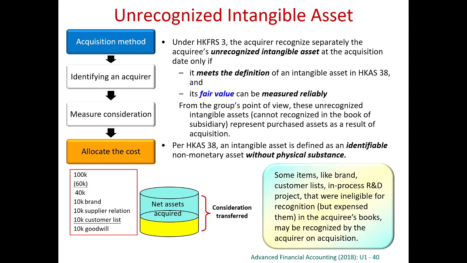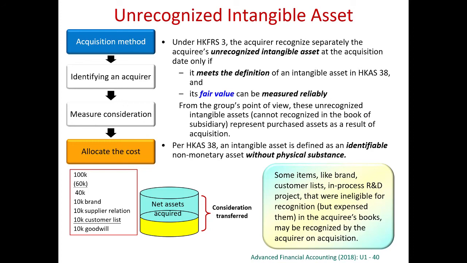Another reason is that in a business combination, there's a transaction. I really pay money to acquire it. Actually, an internally generated brand name cannot be capitalized. An internally generated customer list cannot be capitalized. But if I really have a transaction, I really pay to acquire the brand name or a customer list, it can be capitalized as intangible assets.